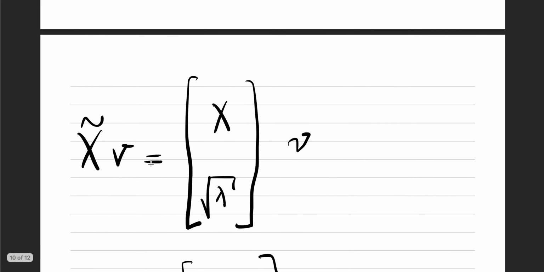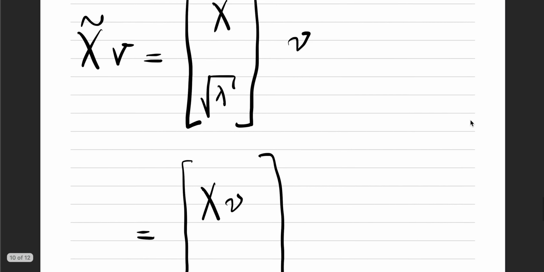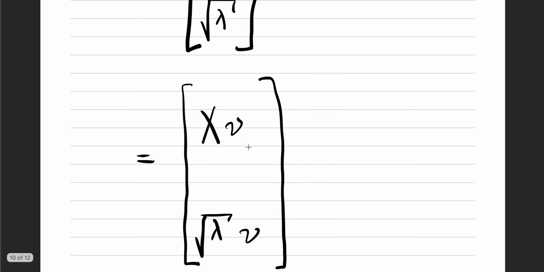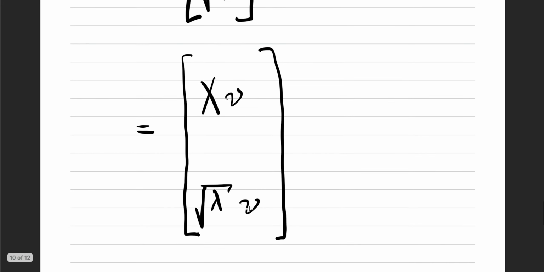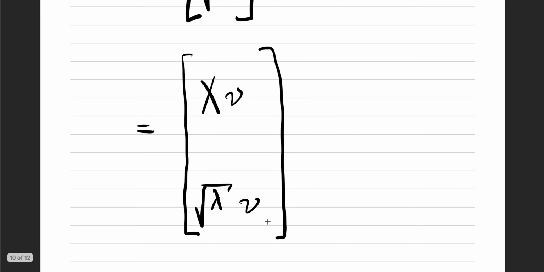Well, what is X tilde v? X tilde v is Xv stacked with square root of lambda v.